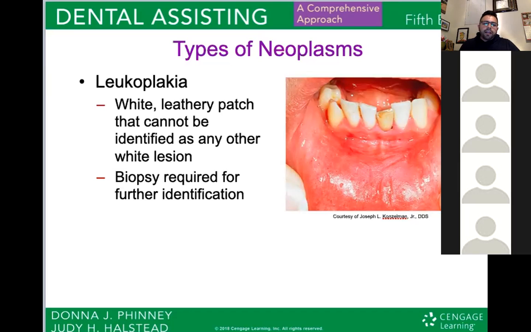Leukoplakia usually shows hyperkeratinization, but it can also show dysplastic cells. This is not something that you can see, but something that is seen by a pathologist whenever a biopsy is sent in. There's controversy over whether this is a pre-malignant condition and should be examined periodically for any changes.